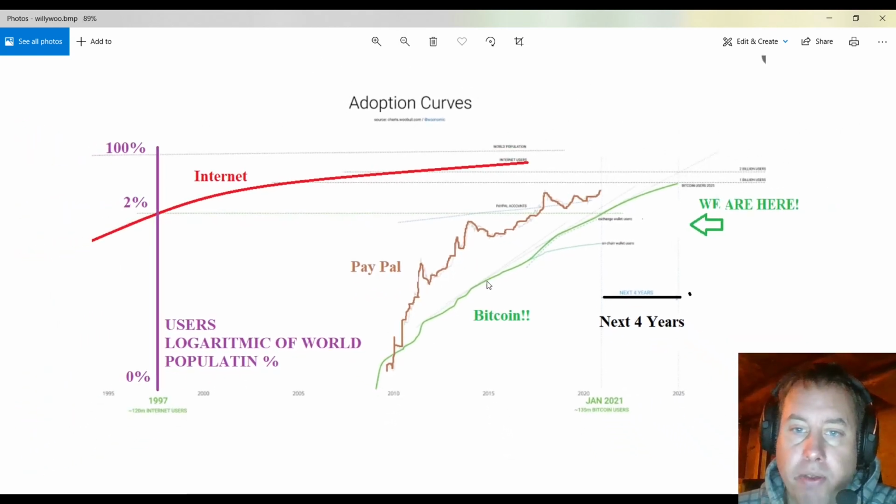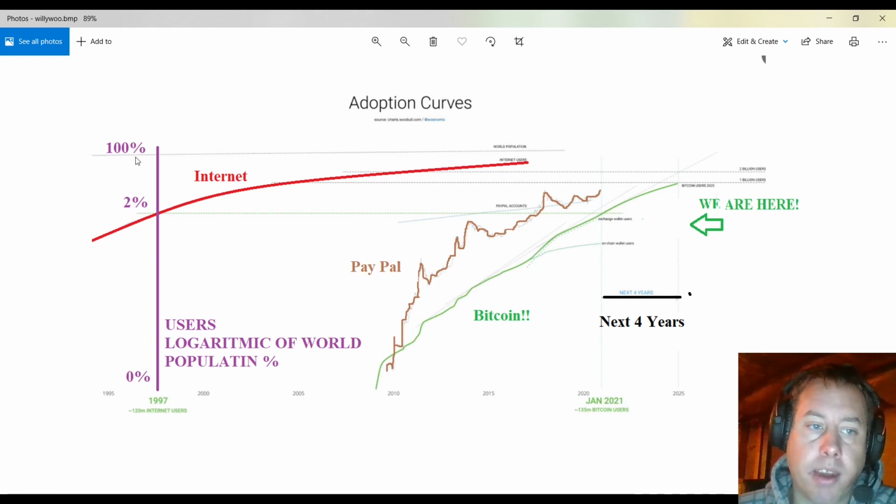But here, before we had the exchanges, everyone who had Bitcoin was on on-chain wallets. So here we have 0% when it starts. It's still 0%, 0%, 0% because this is logarithmic.